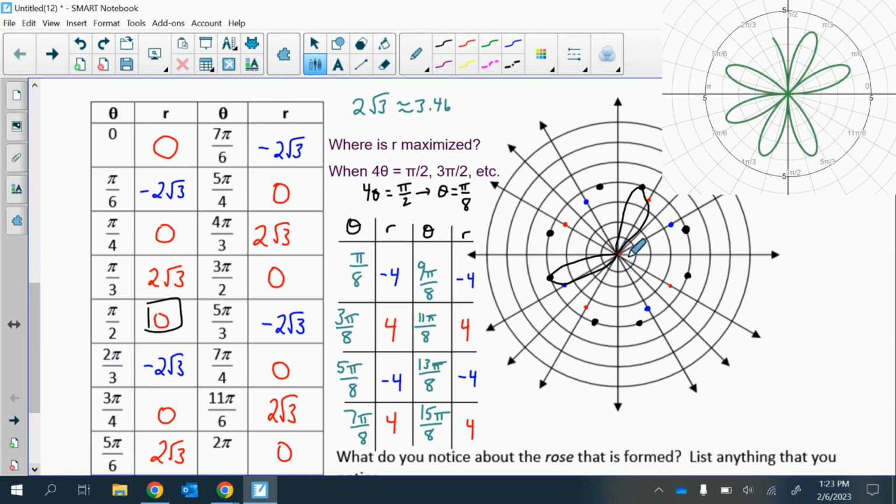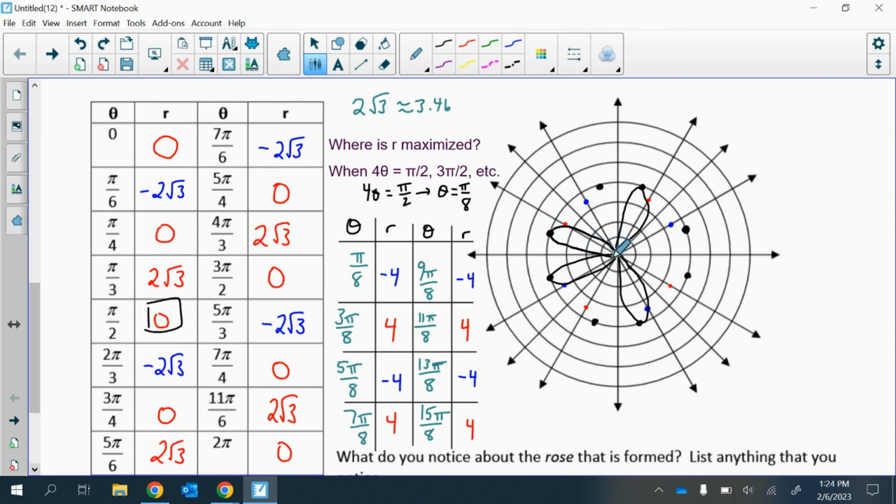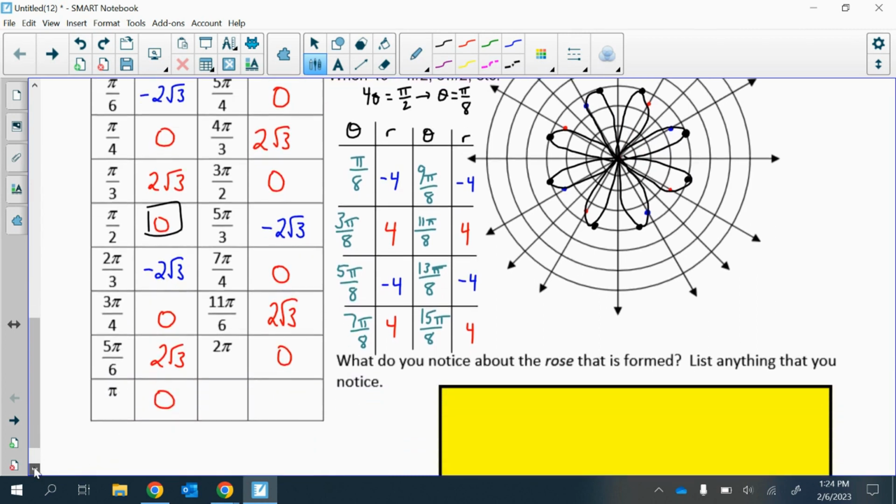So this 2 pi thirds ends up going down here, and then to 5 pi sixths, 7 pi eighths, and back, up, down, up, down. So what I end up with is this rose that has what appears to be 8 petals.